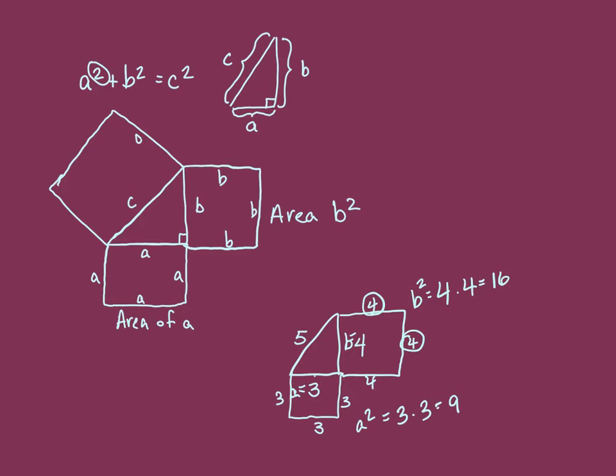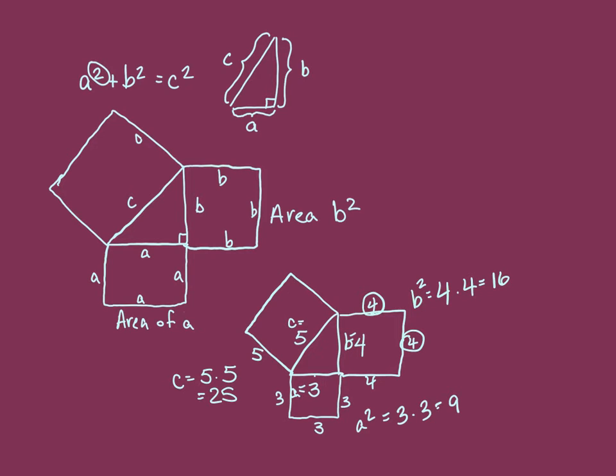Now, with the Pythagorean theorem, what that's saying is if I added 16 plus 9, it should give me the equivalent, or the equal value of the square coming from the hypotenuse. So that is 5 times 5, and that's our C. Which is 25.